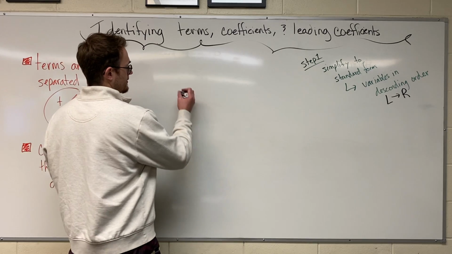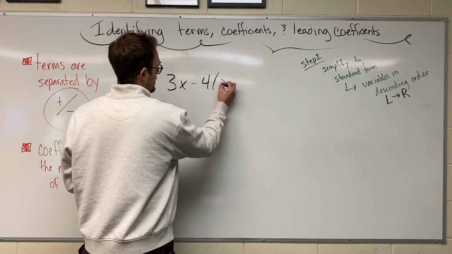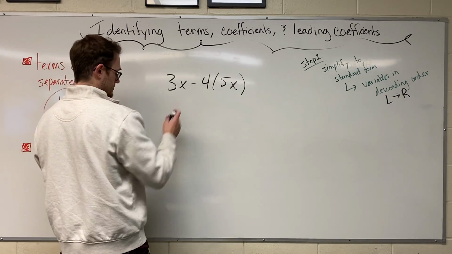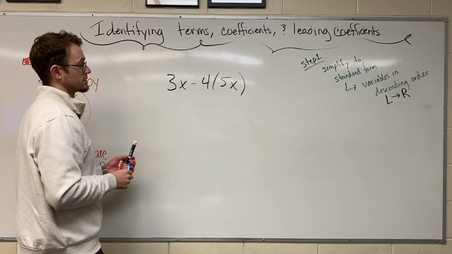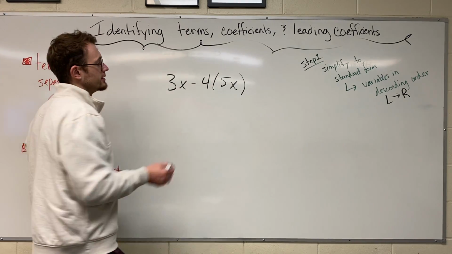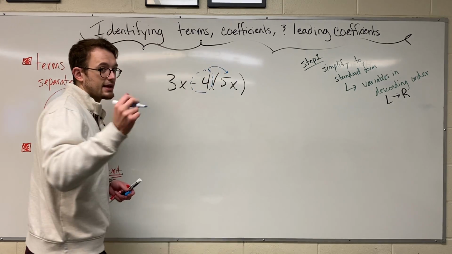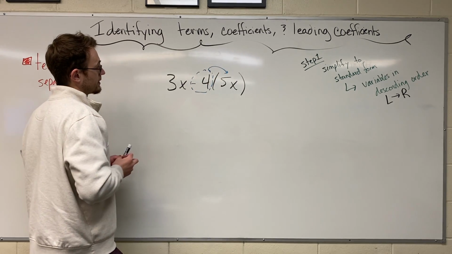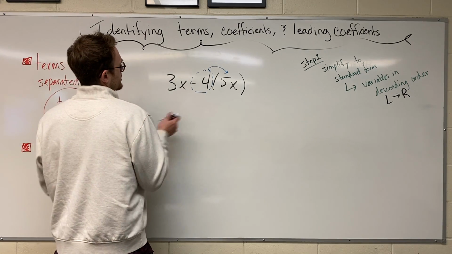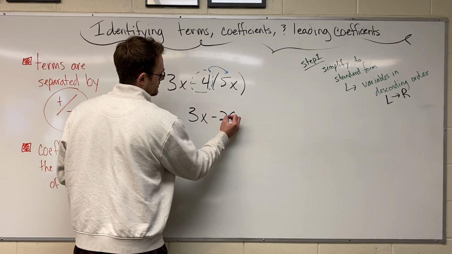So if I have 3x minus 4 times 5x, all right, distribute. Really important. I'm going to circle this because I know some students still forget to do this. Getting in too much of a hurry. Multiply by a negative 4, not just 4. Okay. Of course, in this case, I don't think it would matter. But you get 3x minus 20x.